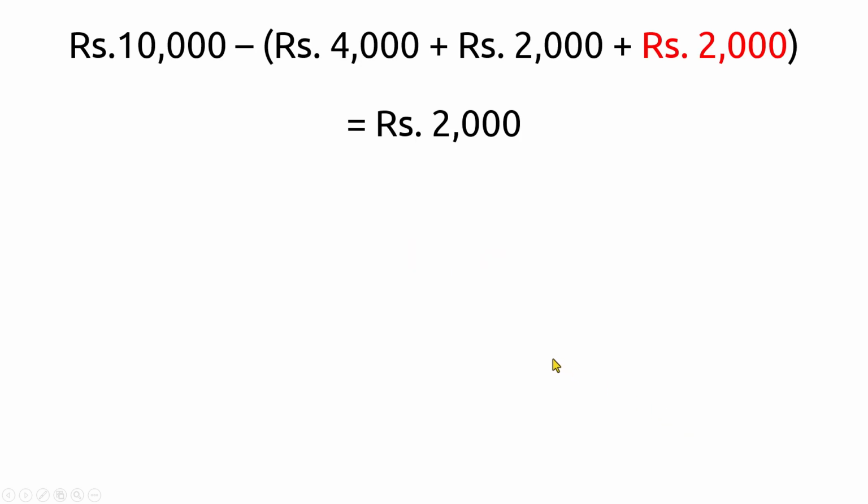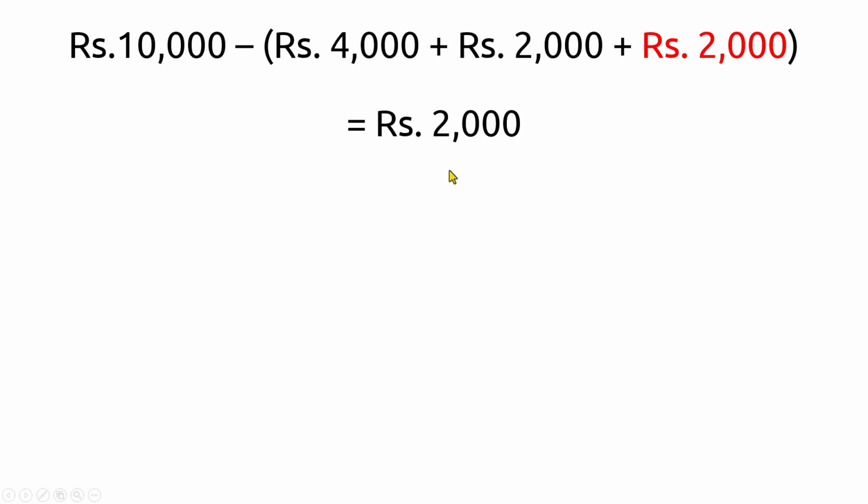Same case where the friends want to start a company or an industry. They need 10,000 rupees. Promoter A gives 4,000. Promoter B gives 2,000. 2,000 rupees is taken from the bank and they still need 2,000 rupees more.